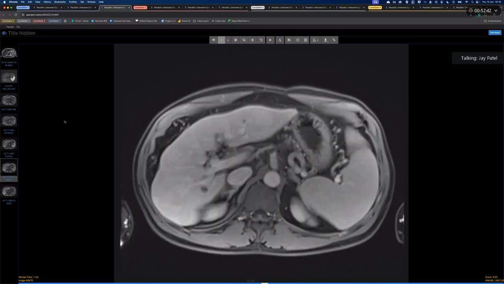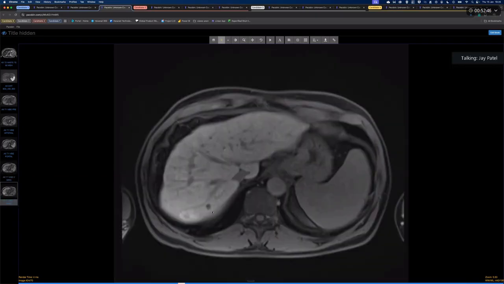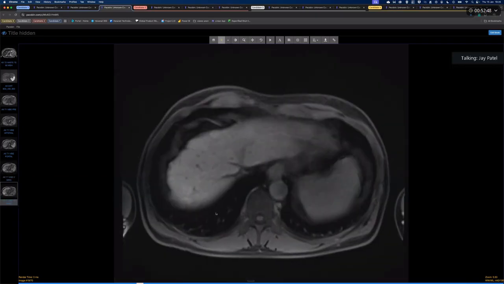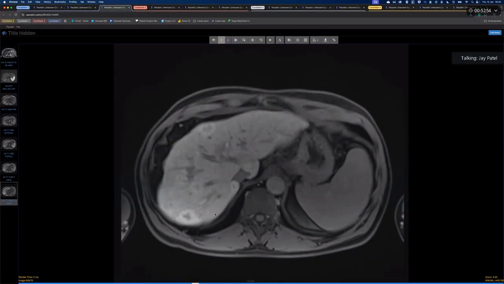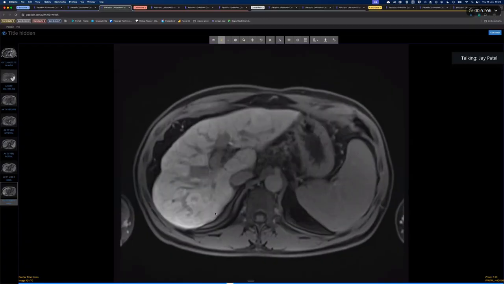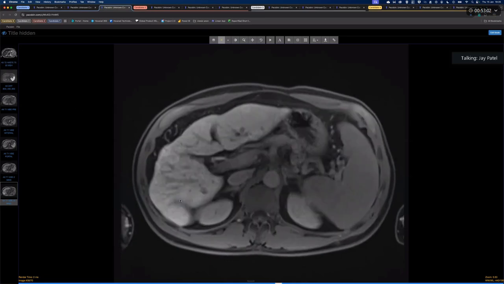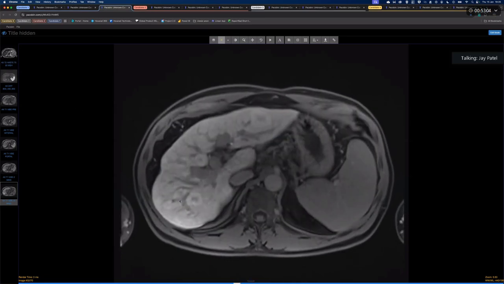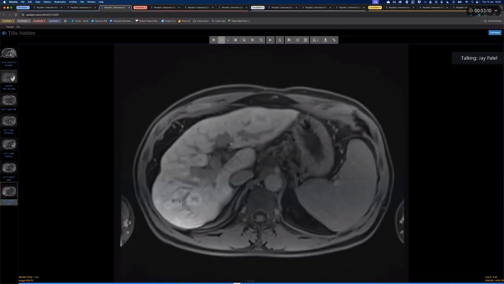So let's now very quickly just talk about the lesions. The intentionality again of this scan was not to get you to diagnose the lesions correctly. It's to look through a logical methodology in your head of how you go through these examinations. So these are actually atypical FNHs, so focal nodular hyperplasia, and they're atypical.